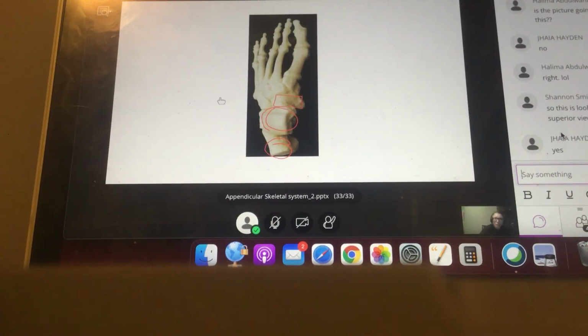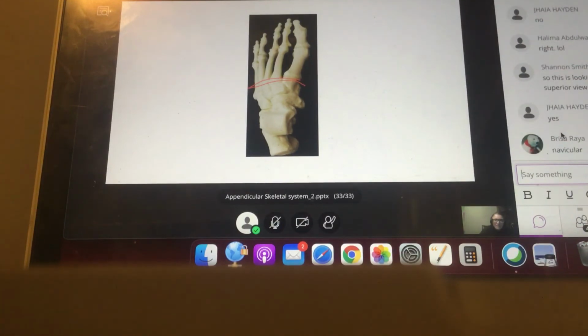Navicular, cuboid, going from lateral, because that's medial, lateral cuneiform, intermediate cuneiform, medial cuneiform, and then this bad boy comes up a bit, right? He comes up a little bit there, the cuboid, right? So you can see here, this part here is the metatarsal right there. The navicular, did I call it the cuboid again, Brisa?